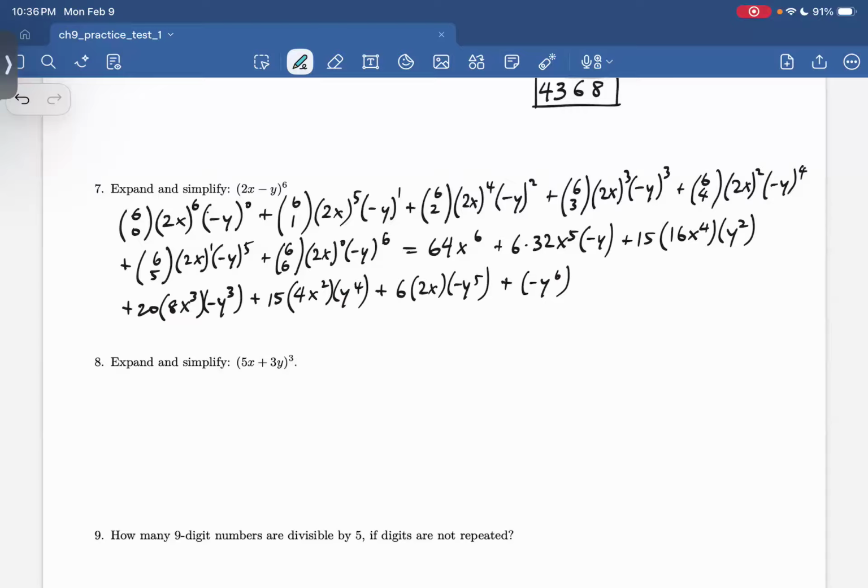So my final answer is going to be 64x to the 6th minus 192x^5y.